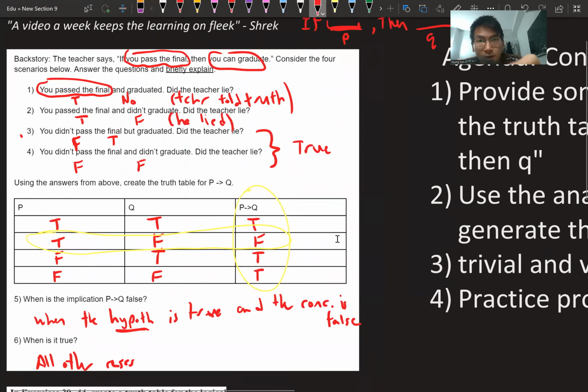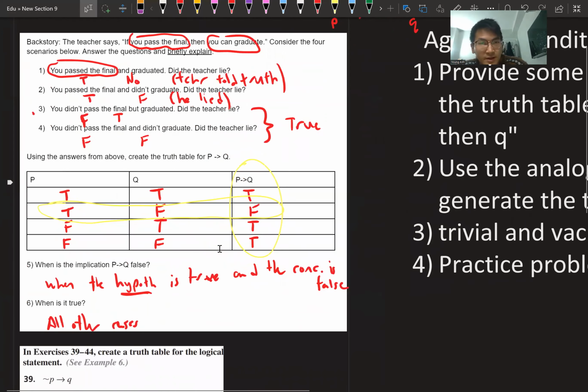Point three, trivial and vacuous truths. Remember when I said that when the hypothesis isn't met, then anything goes? So you could just say that the implication is true. Sometimes they say that since the hypothesis wasn't met, the implication is true vacuously.